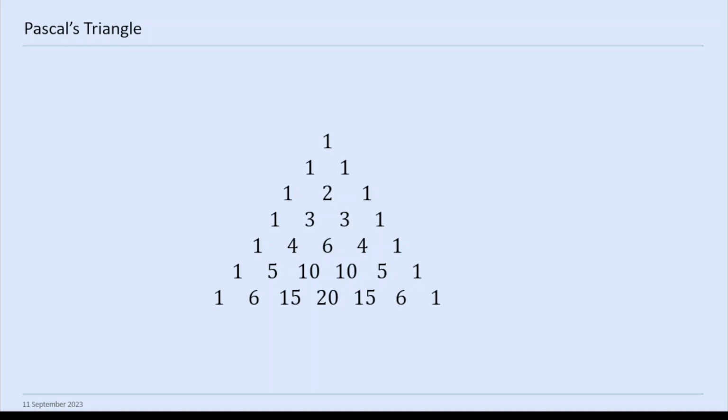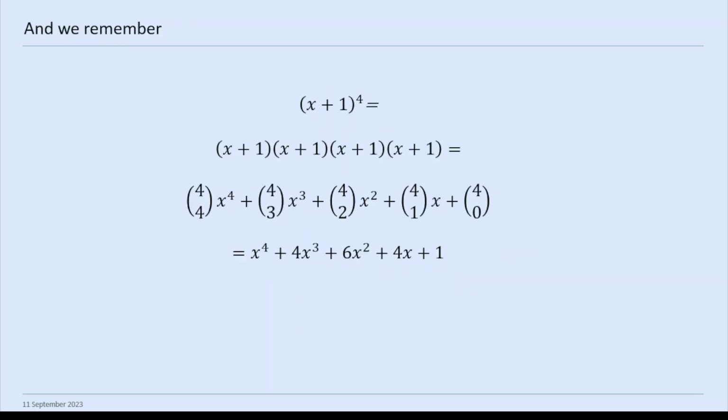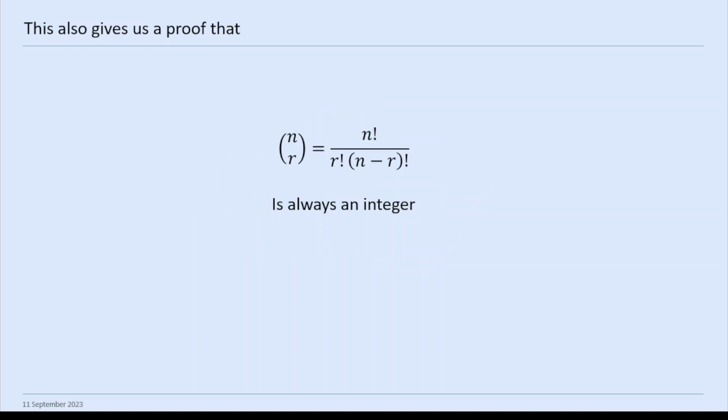So we start off with integers, and then we make more entries which are sums, either just a 1 if it's on the left or the right, or a sum of the 2 above. And when you add 2 whole numbers, you always get a whole number. So this gives us an automatic proof that this coefficient is always an integer.